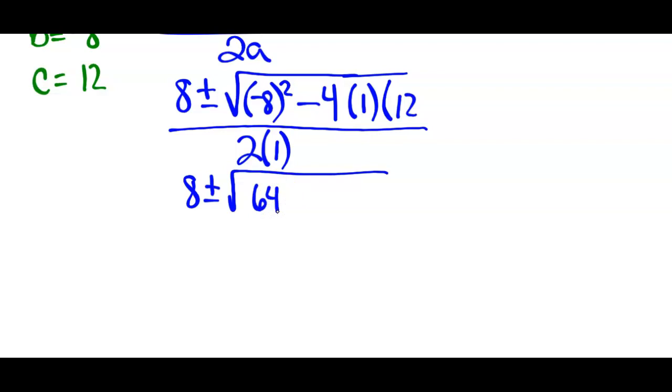Now, I would like you to use this as a -4. -4 times 1 is -4. -4 times 12 is -48. All over 2a is 2.